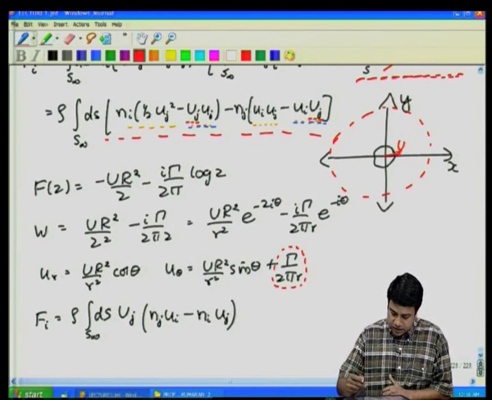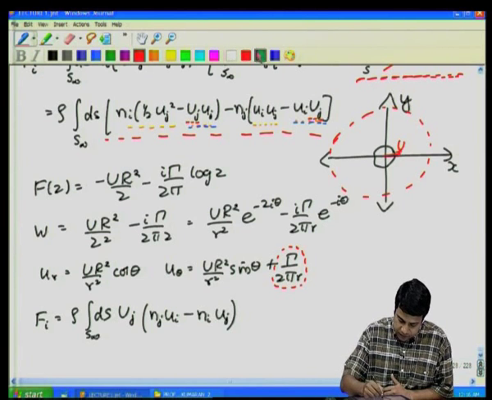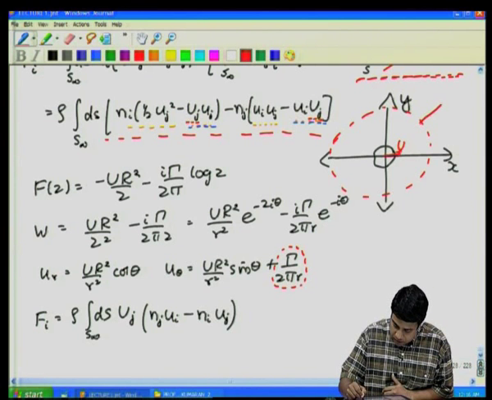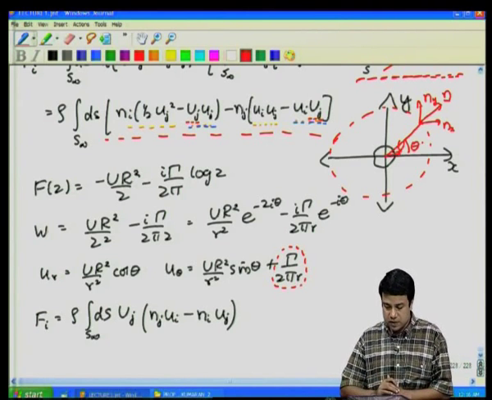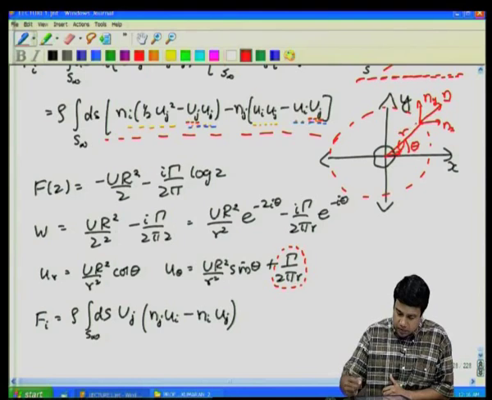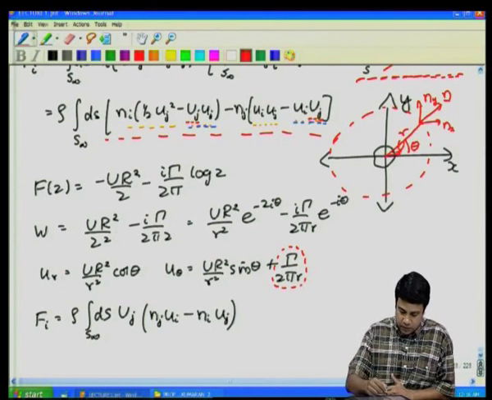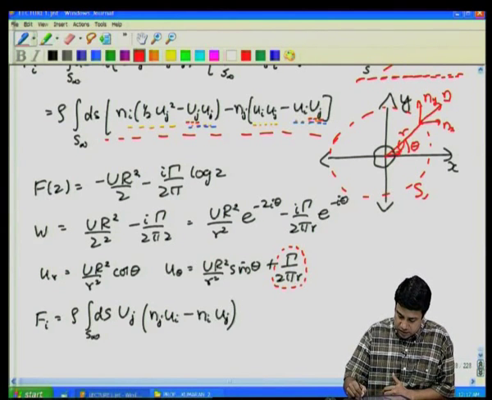So, over this surface I have the unit normal, this is the unit normal to the surface n, just two components n x and n y. I can locate, using a polar coordinate system, r and theta, a point on this surface S infinity.